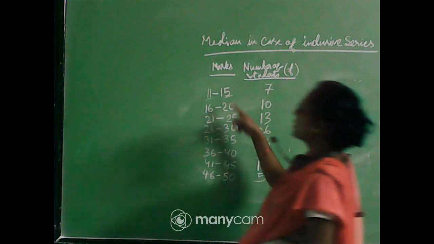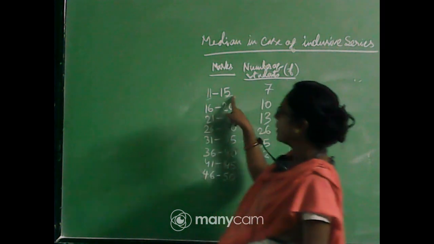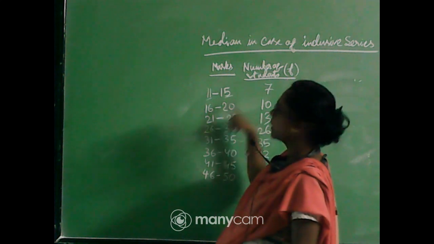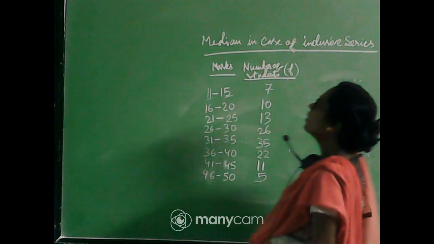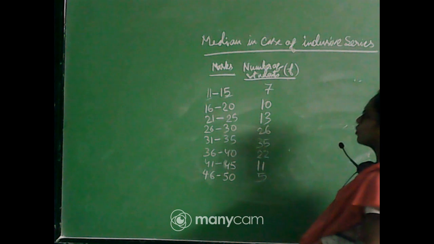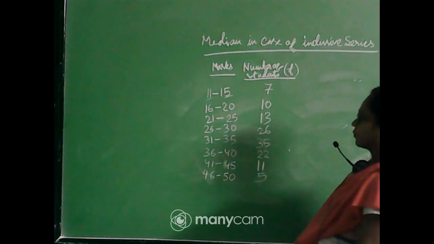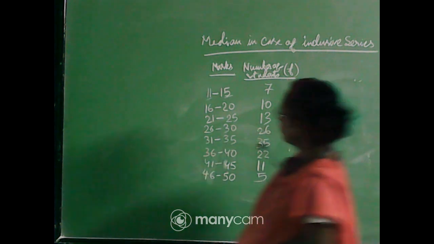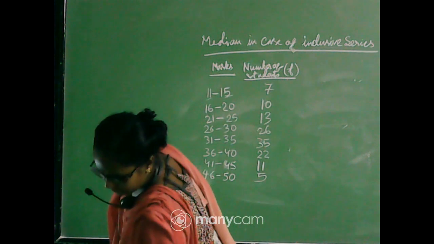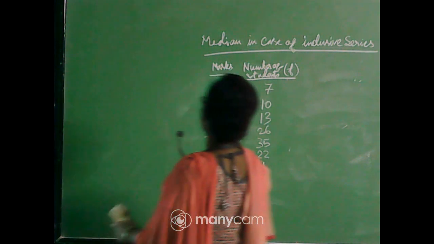That means, see, the upper limit of the previous class is not equal to the lower limit of the next class. So we have to make them equal. How?